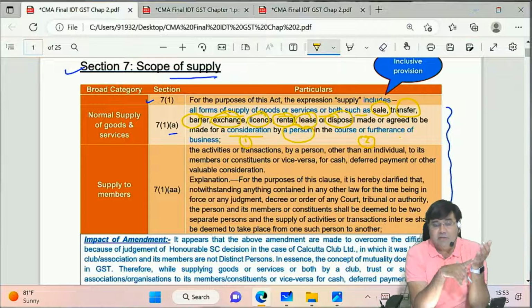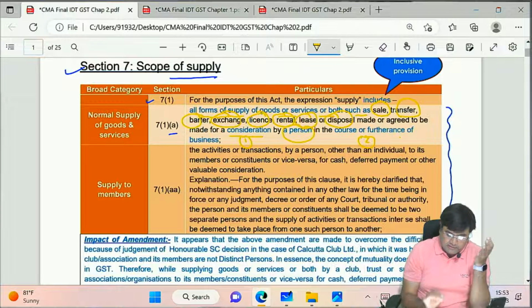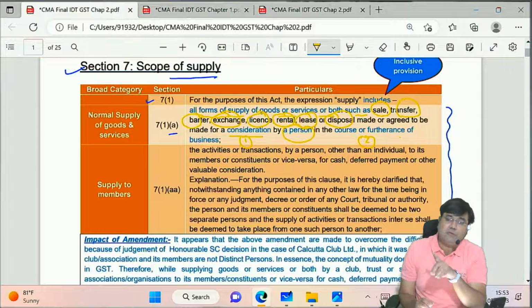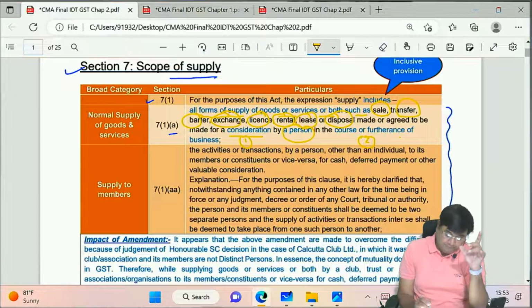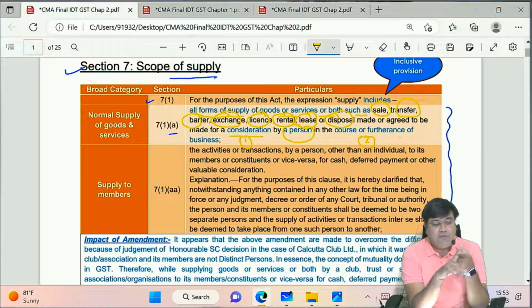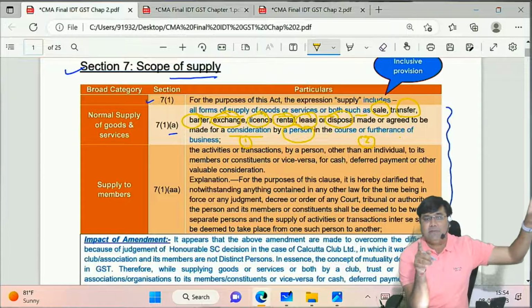First condition, consideration is there. The answer is yes. Whether it is in the course of furtherance of business, we already discussed in the previous chapter. Furtherance of business, advancement of business, we discussed also with example what is the meaning of furtherance of business. Okay, so I am not going to take that again. Ultimately you don't have any doubt. Okay, so after this we are going to see whether the first condition, consideration, is satisfied, and if the second condition, in the course of furtherance of business, is also satisfied, then it is supply.